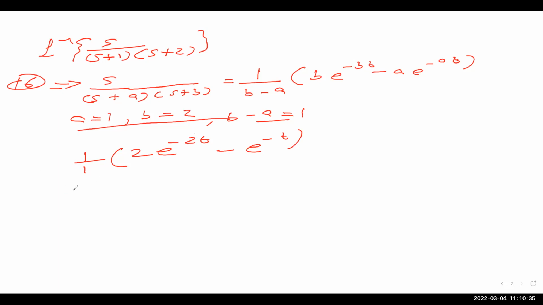So simply this part we can get as 2e to the minus 2t minus e to the minus t. Okay, so we have one part covered.